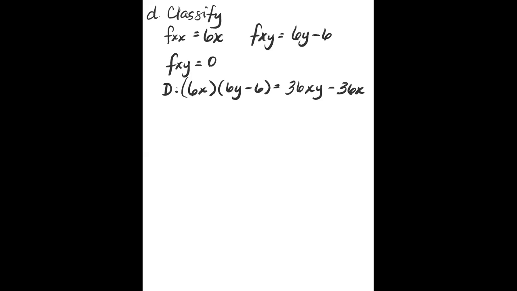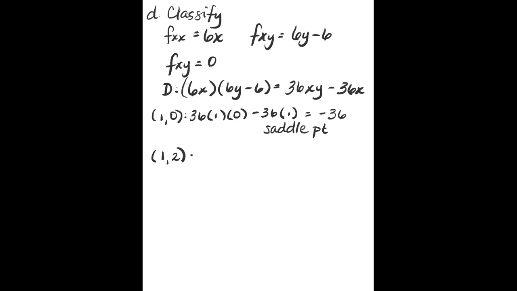So let's start off with (1, 0). If I plug in (1, 0), 36 times 1 times 0 minus 36 times 1 gives me negative 36. Again, anything negative is going to give me a saddle point. All right, then I had (1, 2).